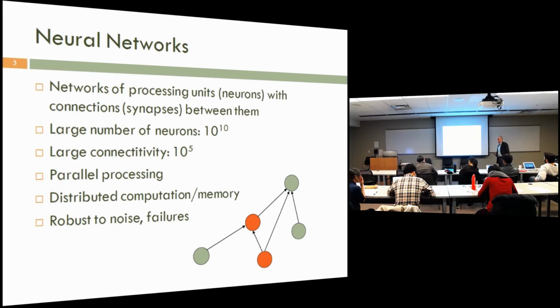And there was a lot of excitement in the 1950s, and there were thick books written in the late 1950s, early 1960s, where people interconnected those linear threshold elements and tried to develop ways to modify the weights of the input to achieve desirable results.